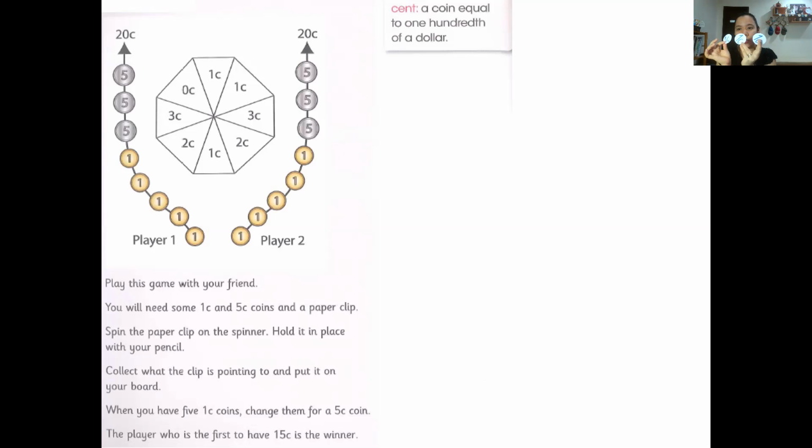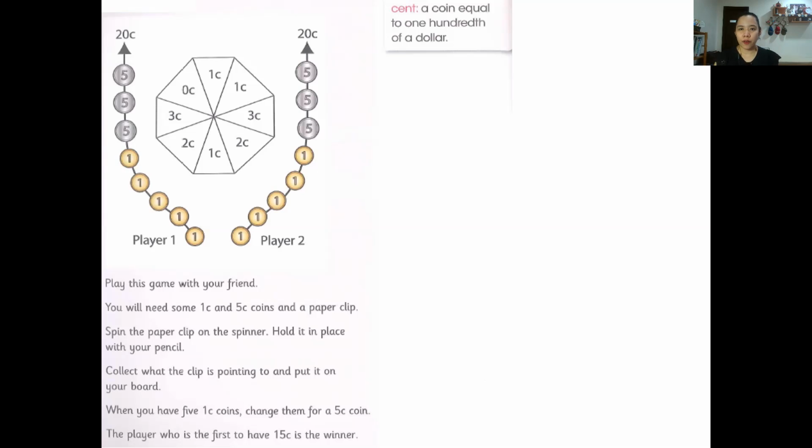One, two, three. So it depends on where the tip of the paper clip will point. And then when you have five 1 cent coins, change them for 5 cents. The player who is the first to have 15 cents is the winner.